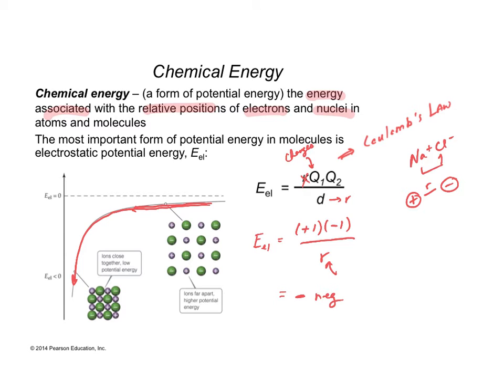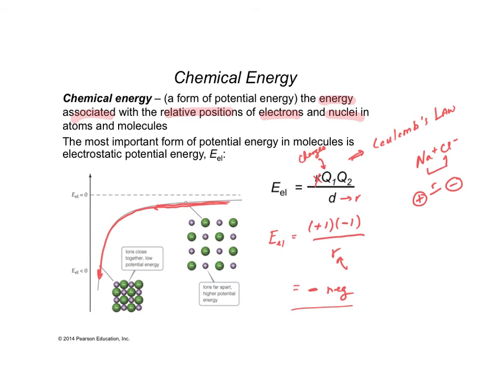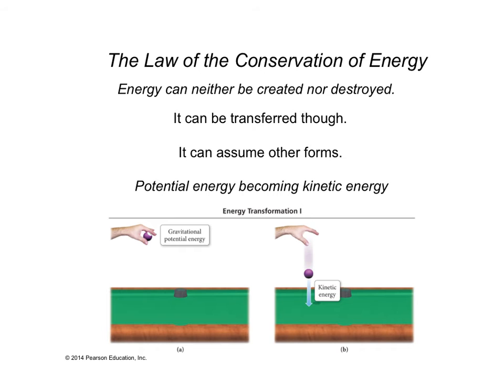To take these guys farther apart, we're going to have to supply energy to do that, okay? But again, we kind of idealize chemical energy in the form of electrostatic energy. Okay, so potential energy, kinetic energy, thermal energy, and chemical energy. Those are all our various energy types.